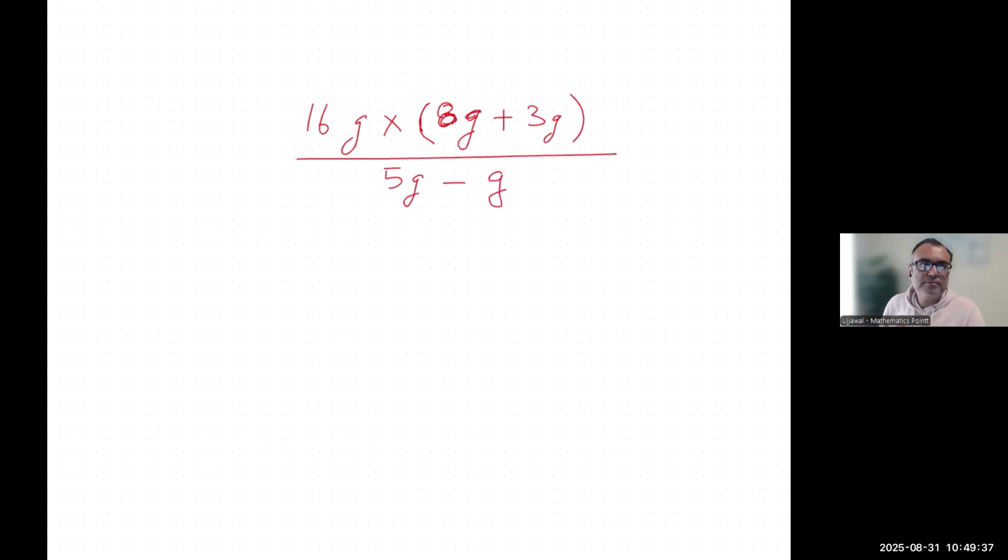The moment I say go for it, you'll go for it. 16g, bracket 8g plus 3g over 5g take away g. Go for it. No calculators, everything by hand. If you're using calculators, you're fooling yourself.